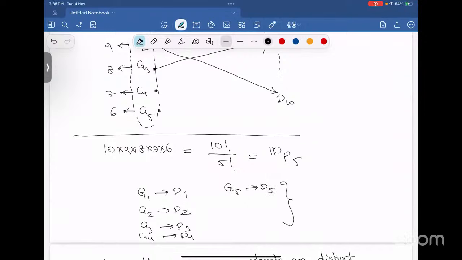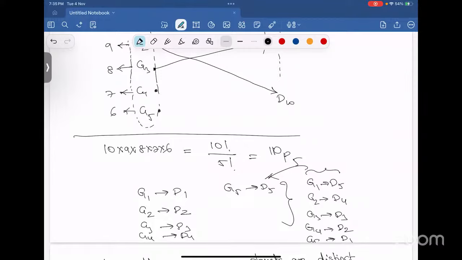If I just change this order, if I give G1, D5, G2, D4, G3, D3, G4, D2, and G5, D1, this is a different outcome compared to the earlier one, because G1 to G5 are distinct. So if I change the order of arrangement and get a different outcome, then order matters.